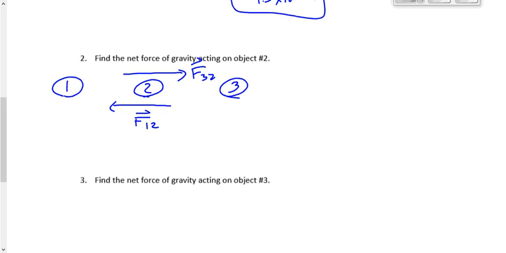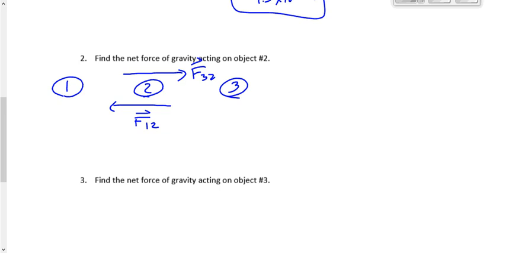You guys okay with the directions of those forces? It's always attractive, right? If you are attracted to the person next to you, then you will be pulled toward the person next to you. If 2 is attracted to number 3, then 2 is pulled toward number 3. It's attracted to number 1, it's pulled toward number 1.